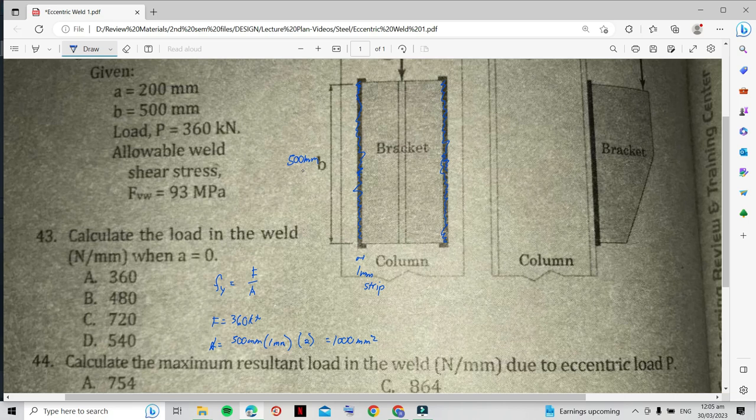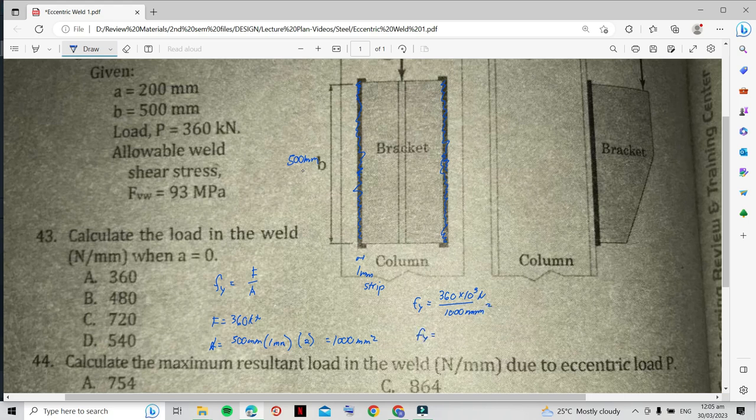So stress Y is equal to 360 times 10 to the power 3 Newton over 1000 mm squared.